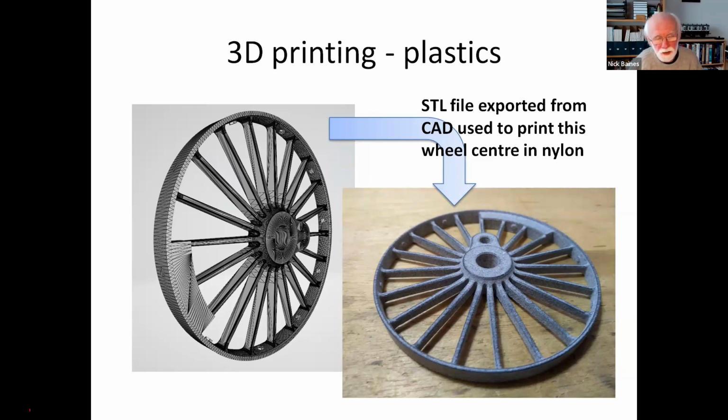Okay, in their case, it is injection molded, whereas this is 3D printed, but essentially it's very similar material with very similar physical properties. So if you're happy with Slater's wheels, you should be happy with 3D printed centers. And so far, early days yet, I haven't had any problems with them.